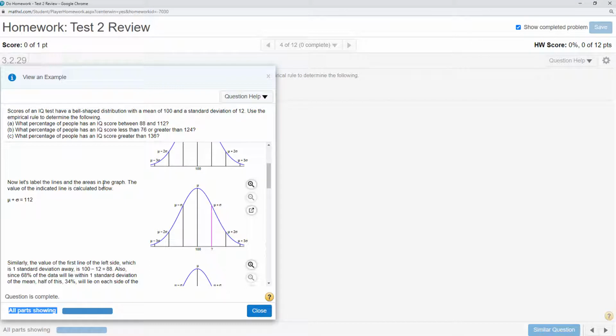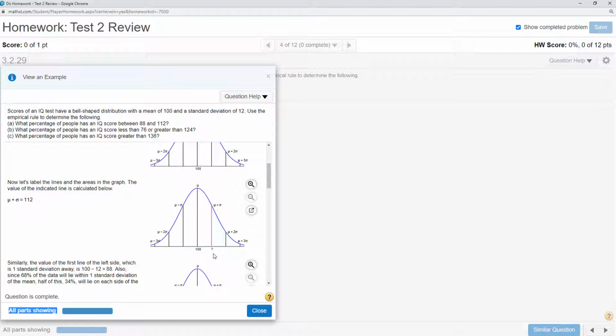So let's look at the lines. The first one here is one line from the mean, one deviation from the mean. So the mean is increased by one deviation. The mean is 100 and the deviation is 12, so that would be 100 plus 12, which would be 112.